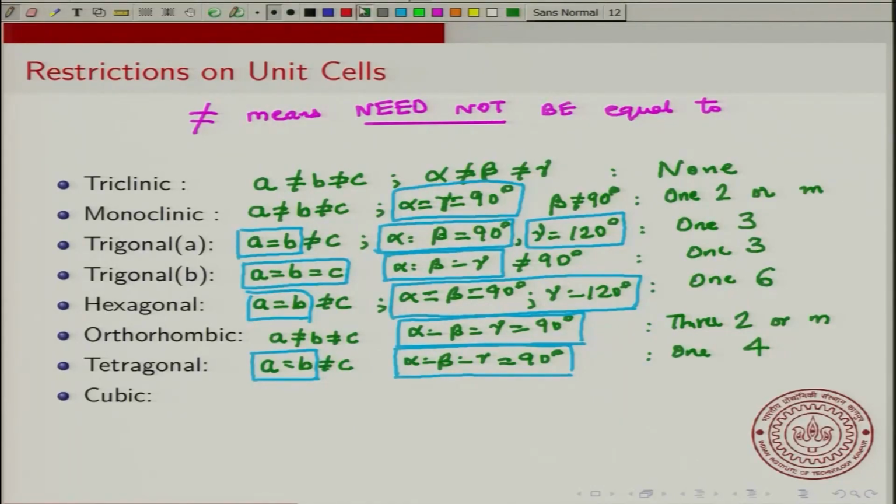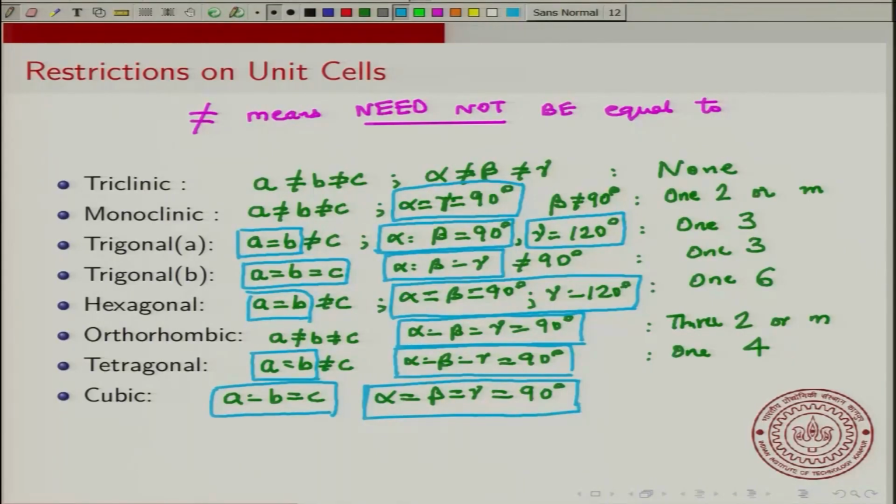and finally for a cubic system we have A equal to B equal to C, alpha equal to beta equal to gamma equal to 90 degrees. So this is a restriction on the shape of the unit cell. Okay, so a cubic system should have this shape of the unit cell. Okay, and again let me emphasize that just because you have this shape, it need not be cubic, it can be many other things.